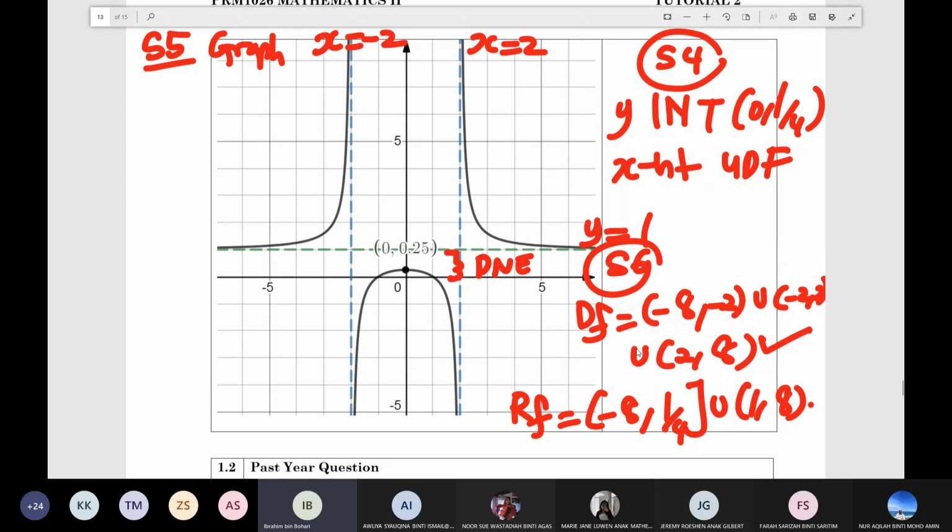Okay, and last step 7, behavior of the function.